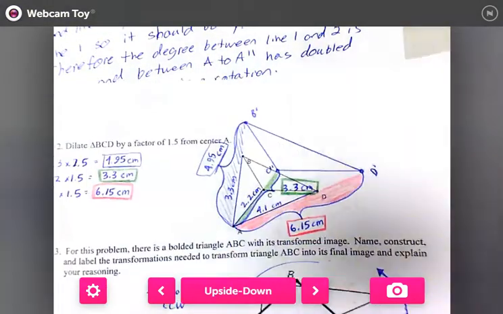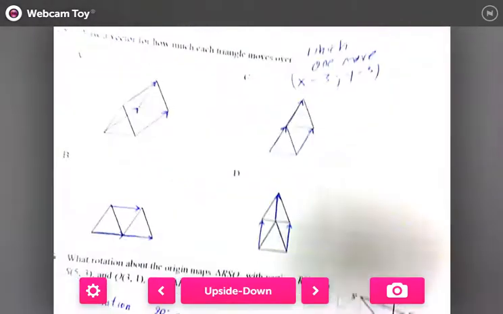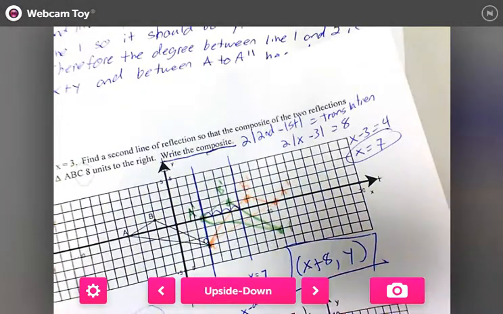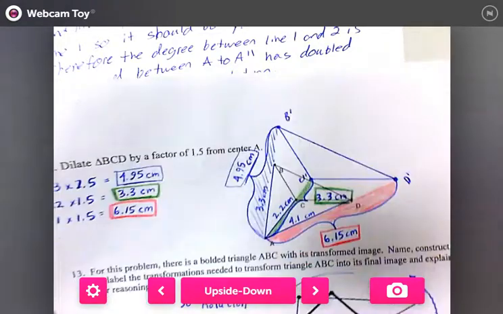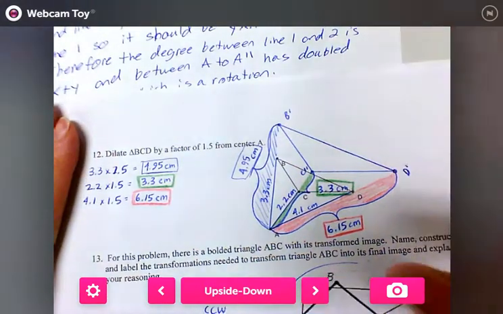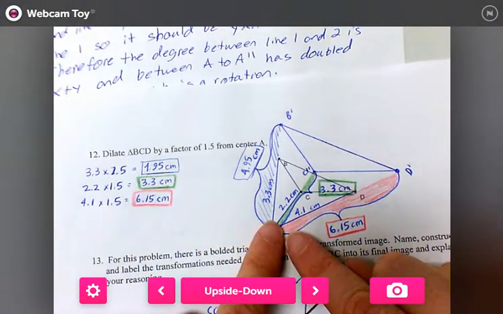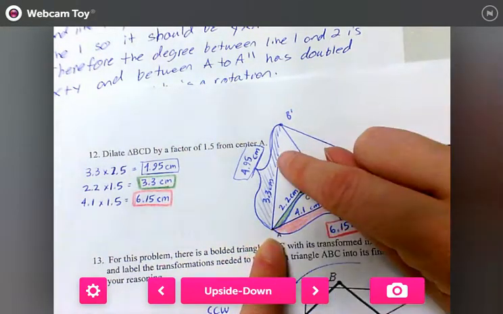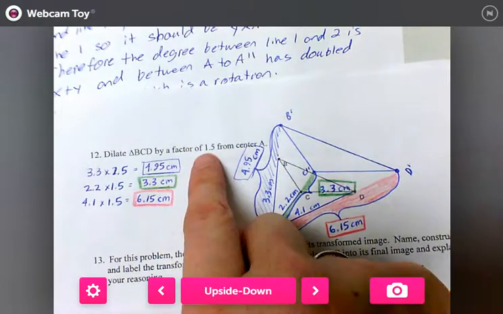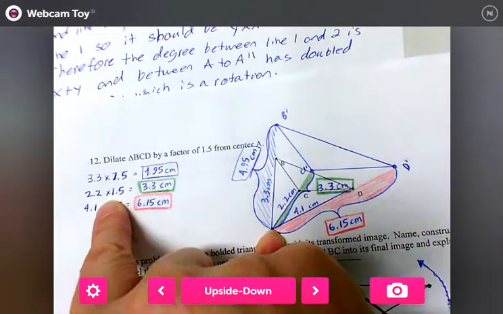So if you didn't think this page was the hardest, right here, a lot of you felt this page was the hardest. Okay, so let's look. First, I'm going to measure between A and D, between A and C, and between A and B. Then I'm going to times each of those by 1.5.